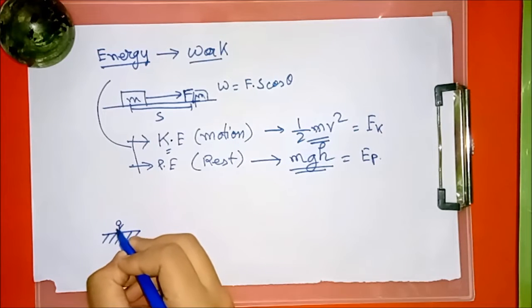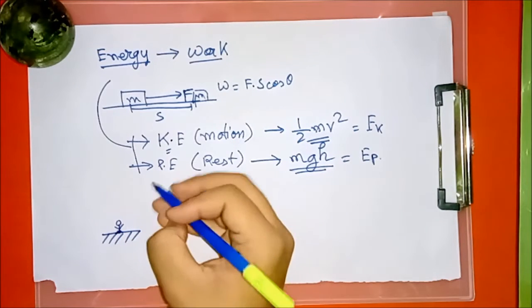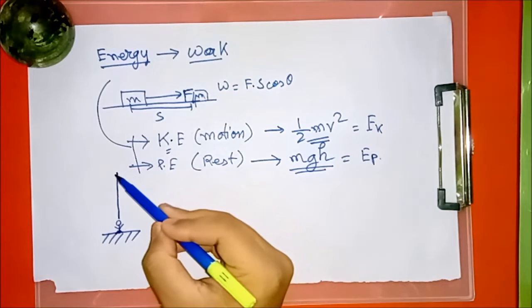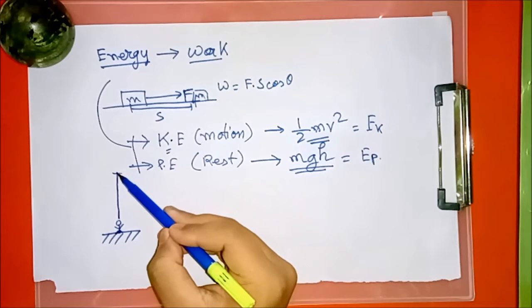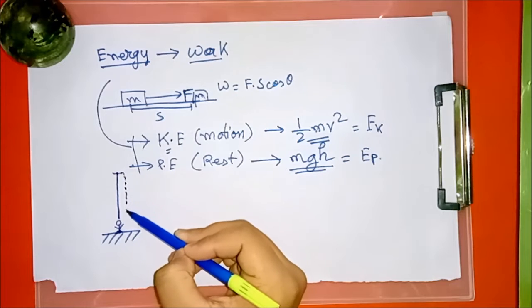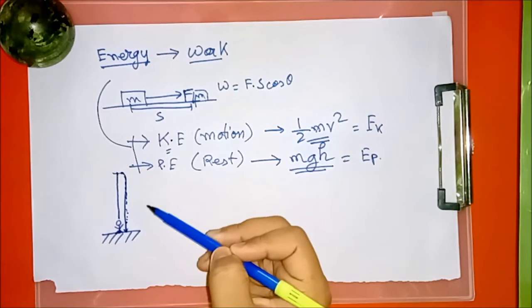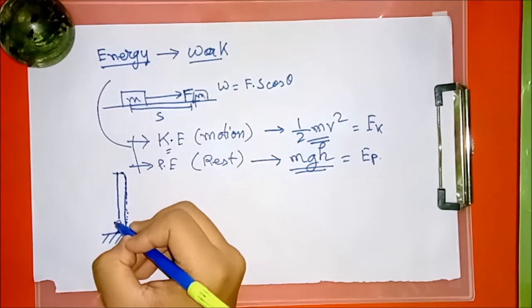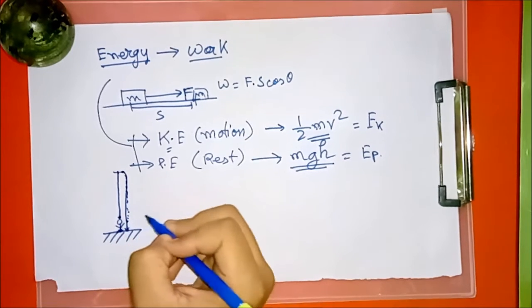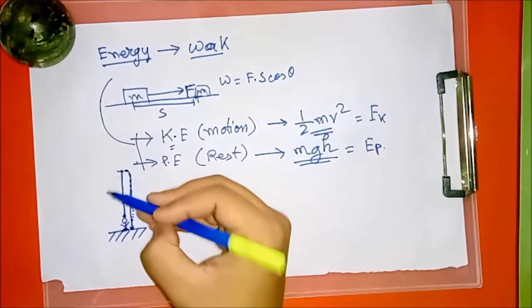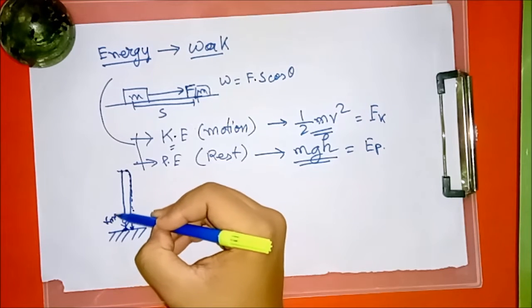A boy is throwing a ball in the upward direction. The ball will reach a certain height, and then it will obviously come down and hit the ground. So at the initial point the ball has its maximum velocity. Here v is maximum.